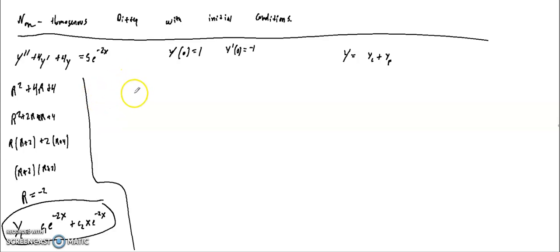So let's create our guess. We know f of x right here is 5e to the negative 2x. And we know that if we derive it, we're still going to have e to the negative 2x, but we're also going to have some constant in front. So this is our guess.